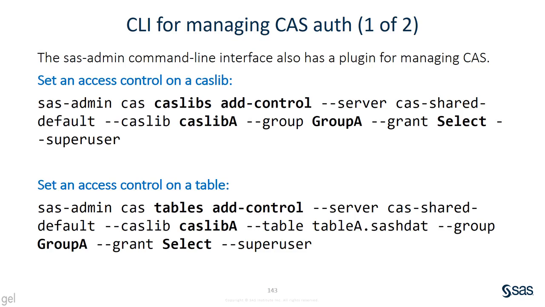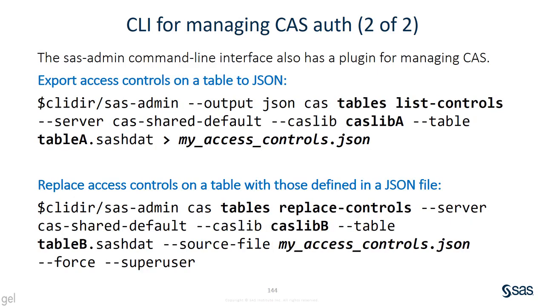And then, of course, there's a pattern emerging in the admin materials. There's a CLI that allows you to do it. You can set access controls on a CAS lib, set access controls on a table via the CLI. And then another nice feature of the CLI is you can actually export the access controls that are on a table or a CAS lib.